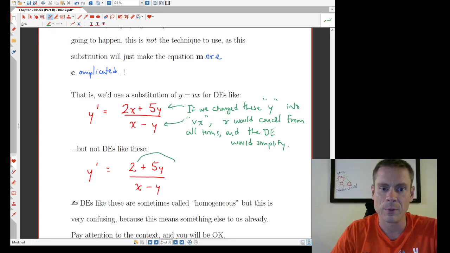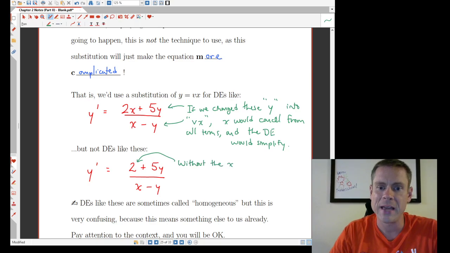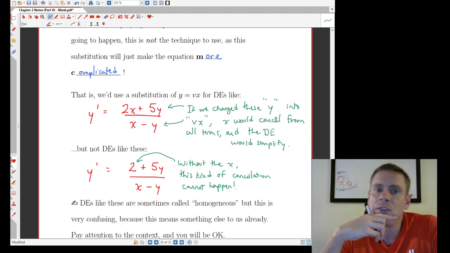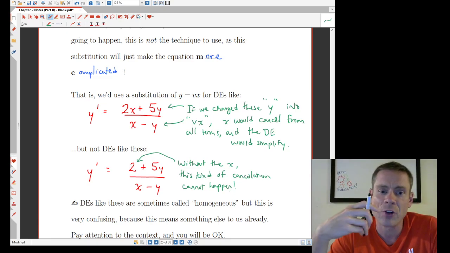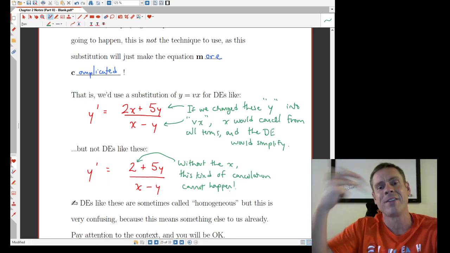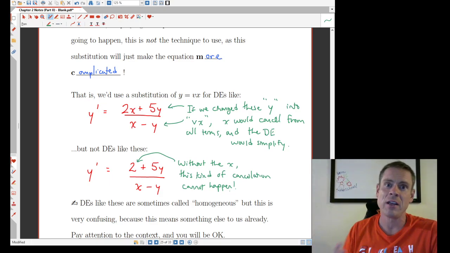So I'm going to say here, without the x, this kind of cancellation cannot happen. In that case, you might want to look at some other technique. Maybe you can rearrange it and test for exactness, that sort of thing. So you'll see a couple of examples of this for you to practice with, but I want you to see how some of the subtle differences show where this technique might provide an advantage and where it probably will not.